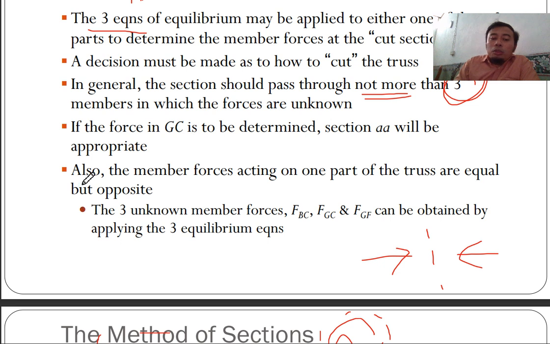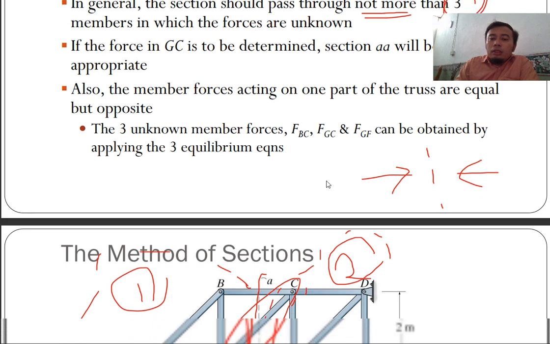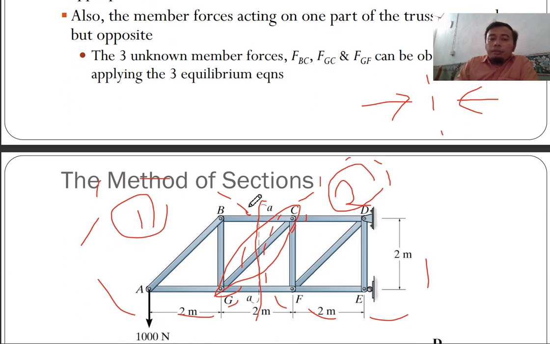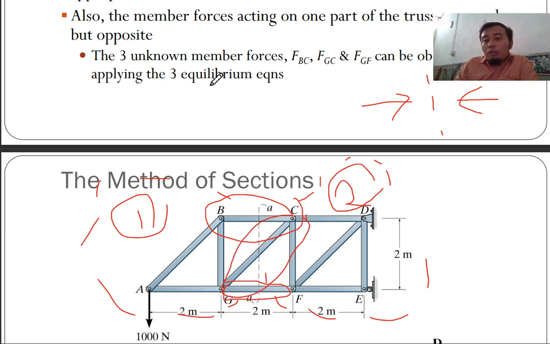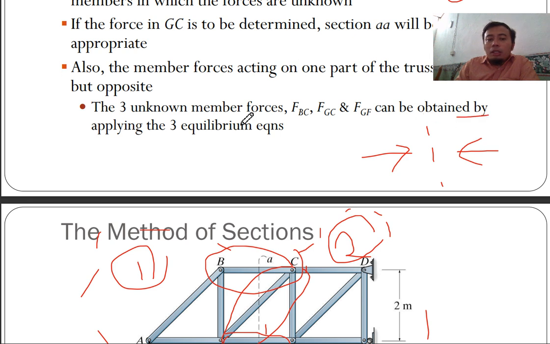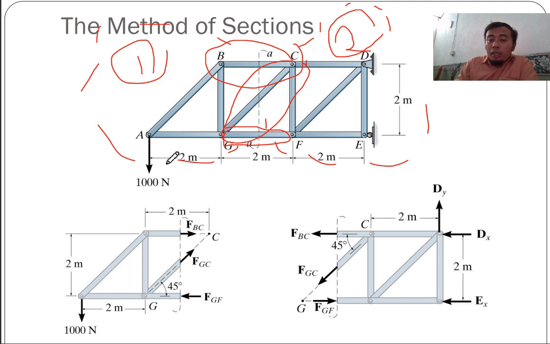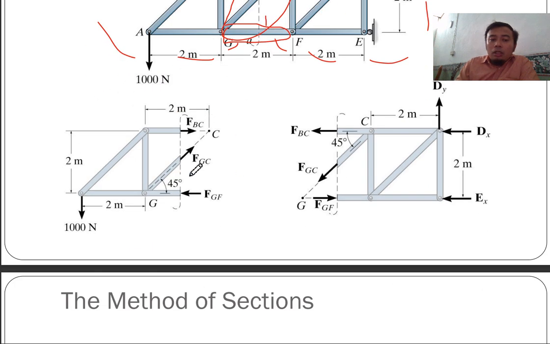So the three unknown member forces in this example, FBC, FGC, and FGF, can be obtained by applying the three equilibrium equations. We apply the equations on either part, so you can solve for these.